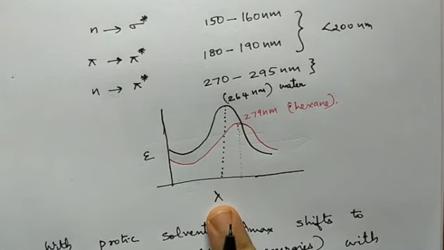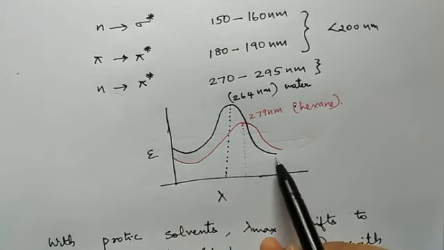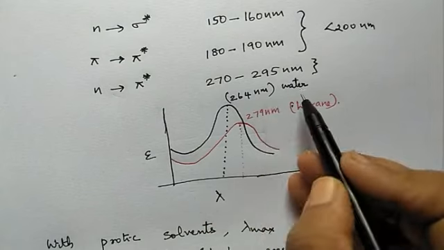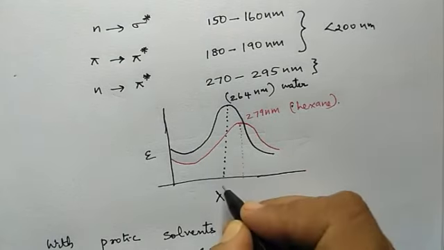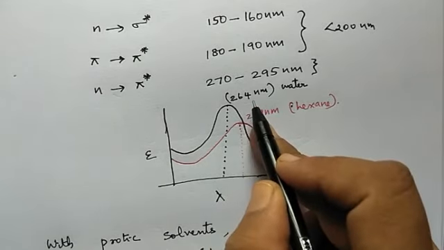Epsilon is the energy that we have already studied, and then we have the wavelength. Here I have plotted two graphs. One is the graph of acetone when the solvent is water, and at that time the lambda max is found to be 264 nanometers.